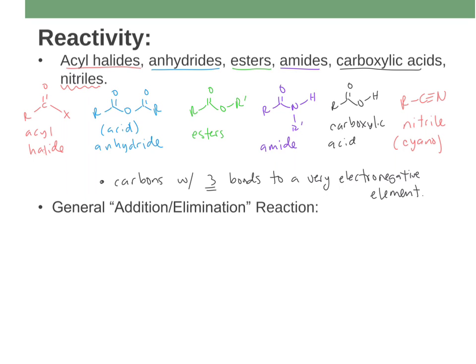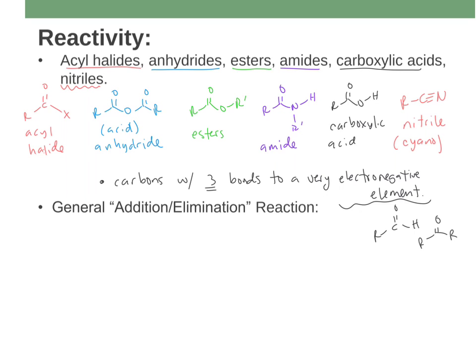And that makes it more oxidized than aldehydes and ketones. Remember that aldehydes and ketones only had 2 bonds to a more electronegative element. So if you look at your aldehyde or ketone, you only had 2 bonds to oxygen, for example. So aldehydes and ketones are less oxidized than carboxylic acids are.